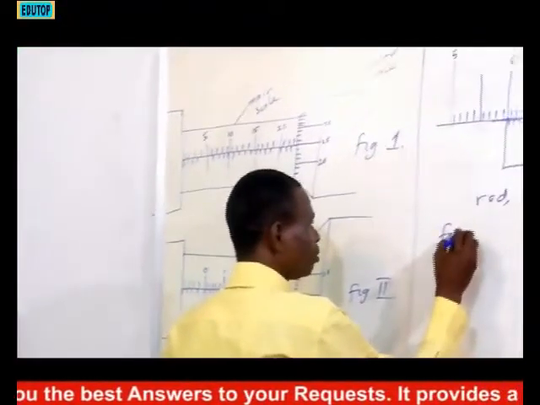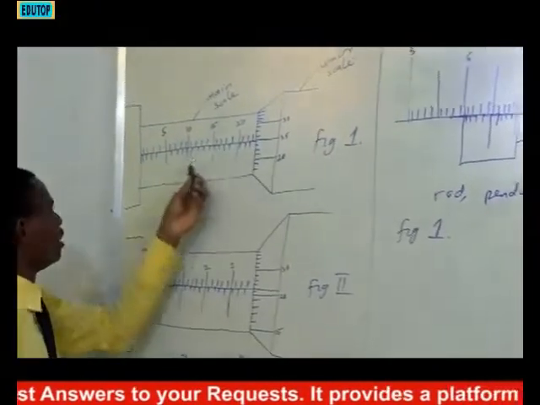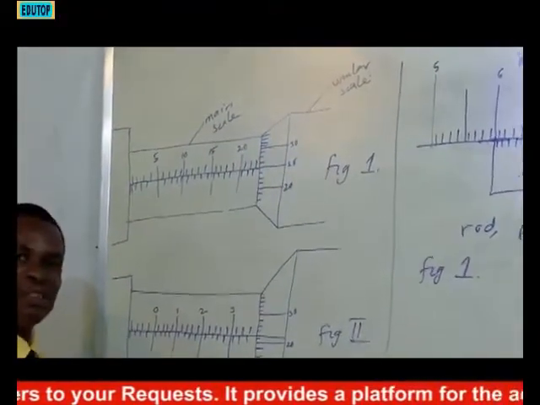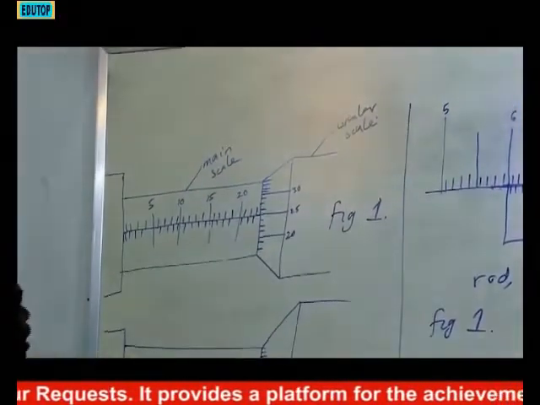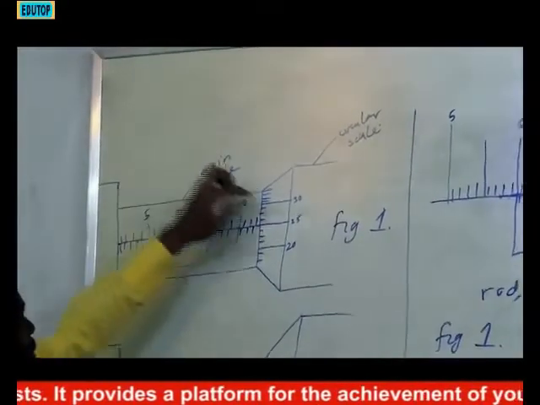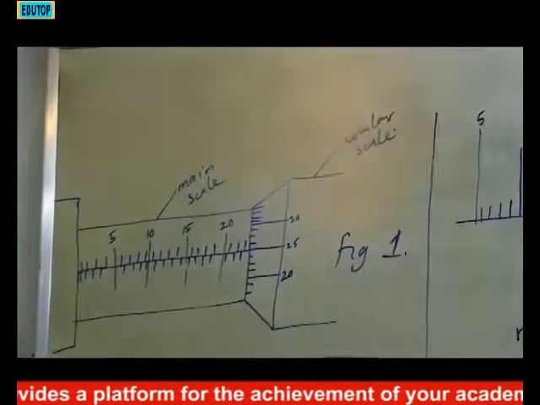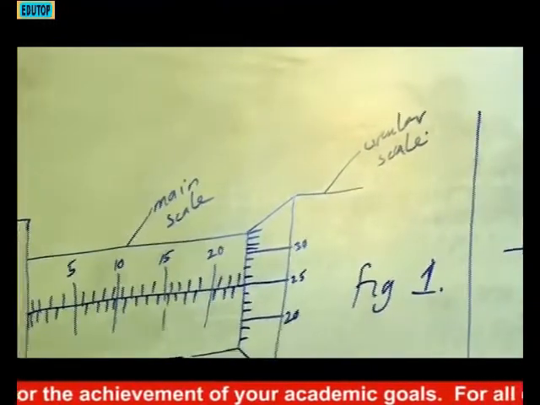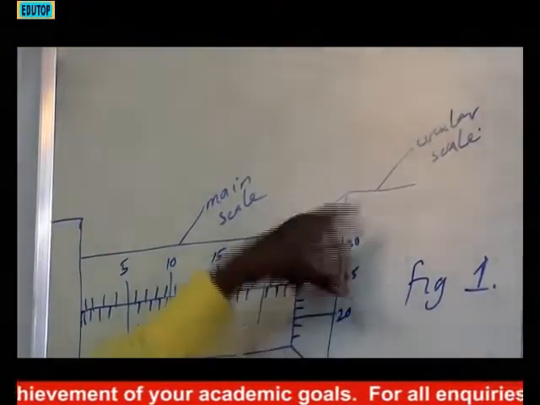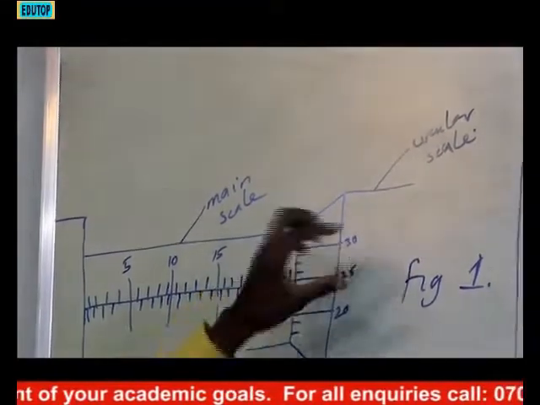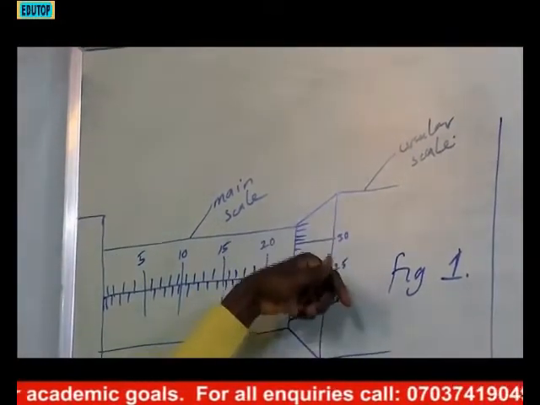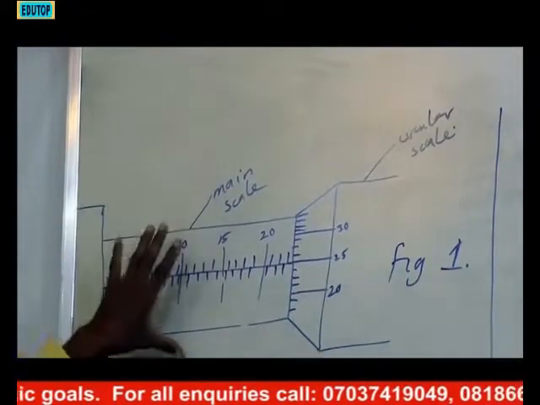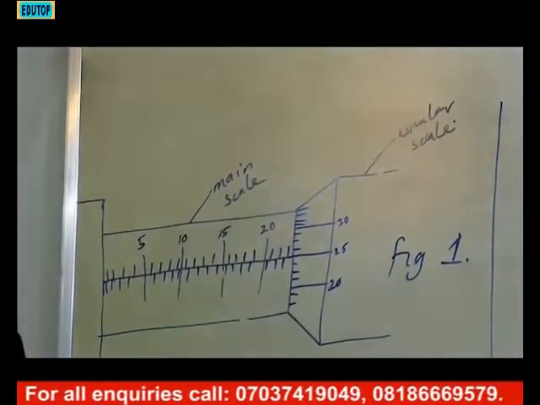For figure 1, the micrometer screw gauge is divided into two parts. It has a main scale and a circular scale. It is called circular because if you see the material yourself, this side is like a circle. You can turn it, you can wind it. So you have the main scale and the circular scale.